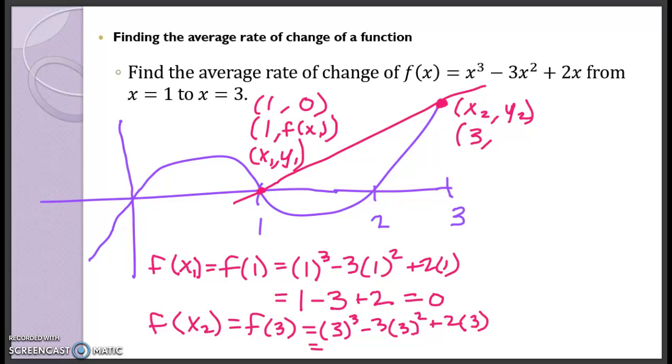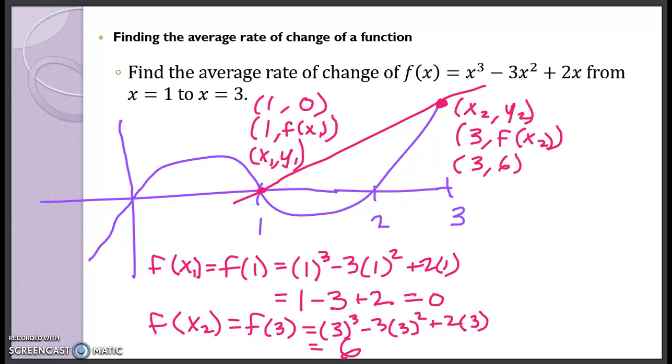So this is going to equal 3 cubed minus, this is essentially 3 cubed, so that goes to 0, plus 6. So my second point is 3, f of x2, which we found was 3 and 6.